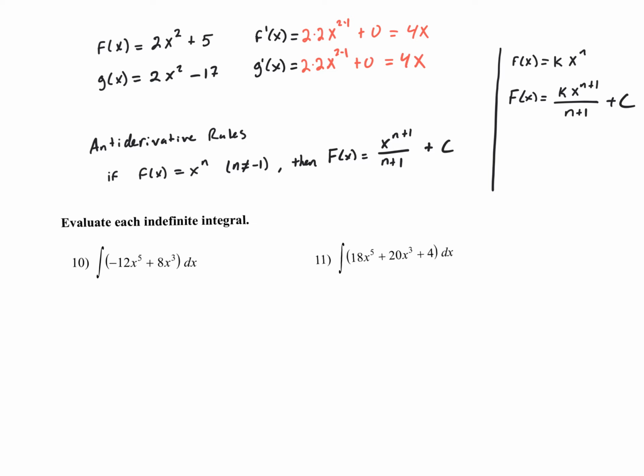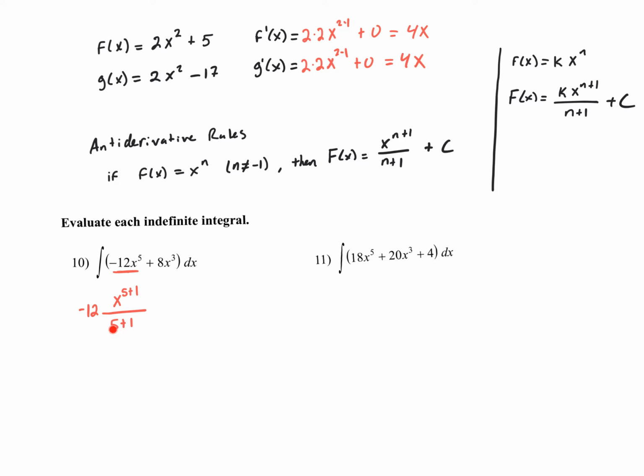For number 10, again, one of them off of your homework, we're trying to find the antiderivative of this. It's going to be x to the 5 plus 1 over 5 plus 1 for this part right here. And we're going to have that -12 that we multiply by, so this constant goes right here.